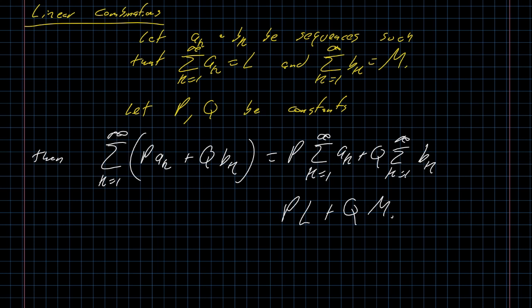Right? p, L, q, and M are all real numbers. They're all constants. So I have a constant value. This linear combination series must itself converge.